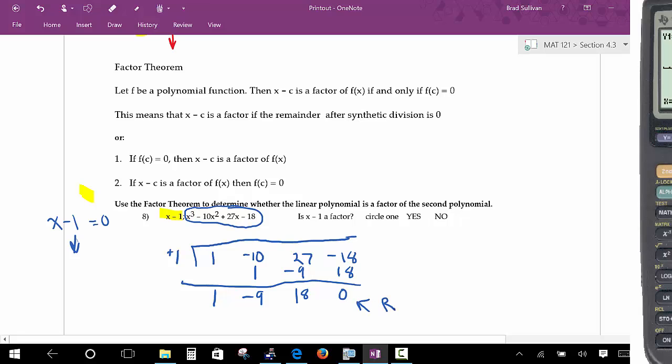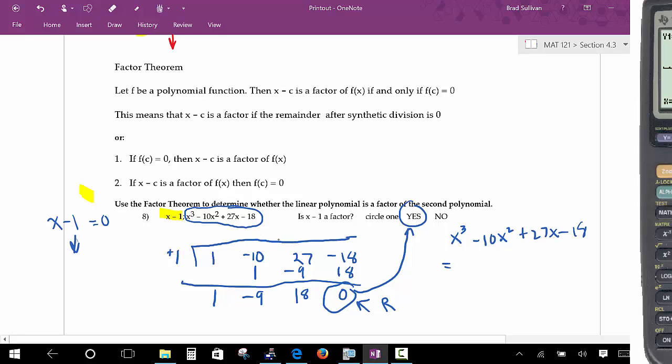Okay? Now we'll look at this graphically in just a minute, but if the remainder is 0, that means the answer is yes, it is a factor. Okay? So what we just found is this, and write down the function too, because I want you to have this in your notes.